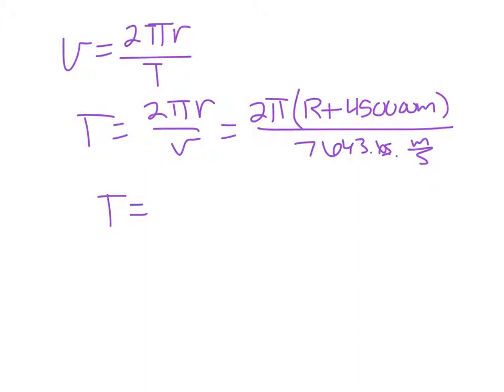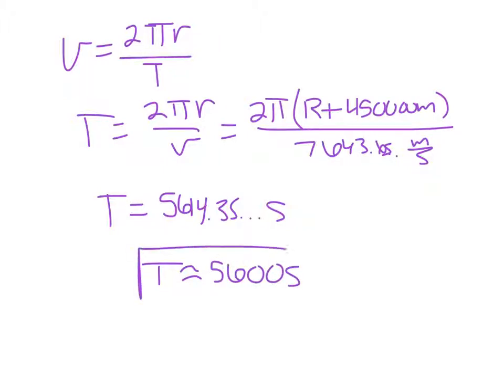So period equals 5614.65, keeps on going, seconds. With 2 sig figs, the period is about 5,600 seconds.